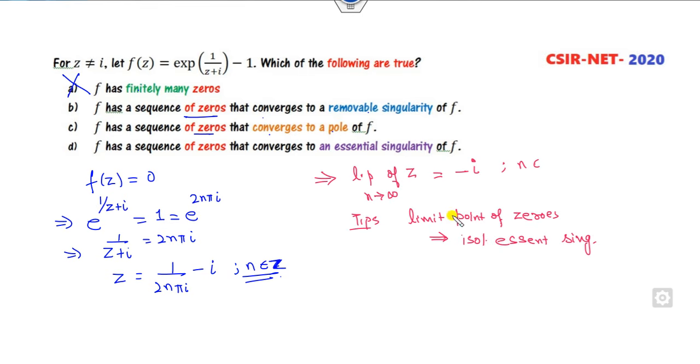So what is the meaning of that? These are the limit points of the zeros, and the limit point of the zeros corresponds to the essential singularity. So converges to the essential singularity is the right answer. Converges to a pole, wrong. Converges to a removable singularity, wrong. So the right answer is only D, the correct option of this example.